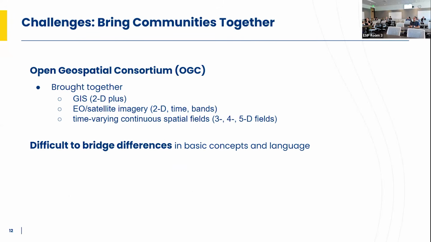But the interesting thing in that whole experience was bringing together these different communities. The GIS world is very 2D focused, with some, I'd say, 2D plus. They deal with it in other various ways. I think the Earth observing and satellite imagery has a lot of 2D imagery, and then it's kind of a plus above what I think the GIS world thinks of as data.